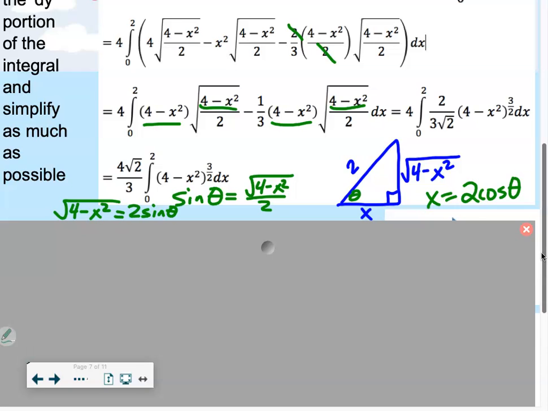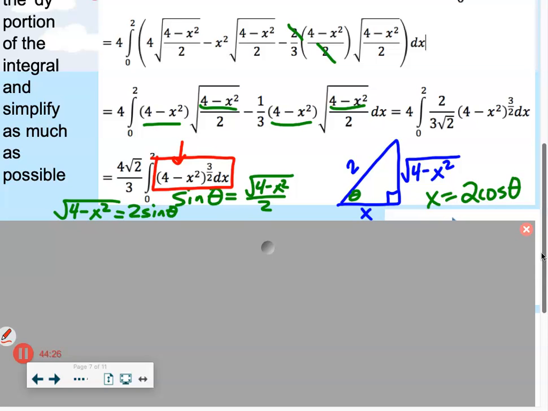All right. So what we're going to do is replace all of this with trig. The first thing we're going to replace is this guy, the 4 minus x squared to the 3 halves. Say we just had a 4 minus x squared, that's okay.